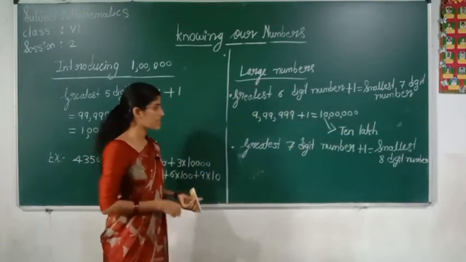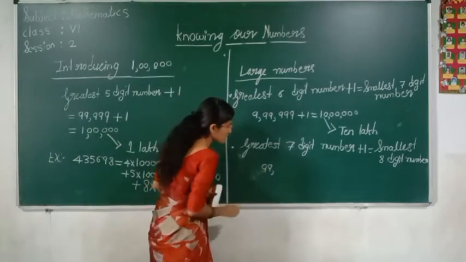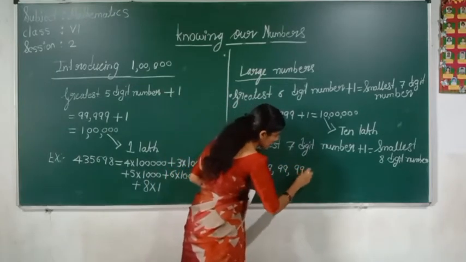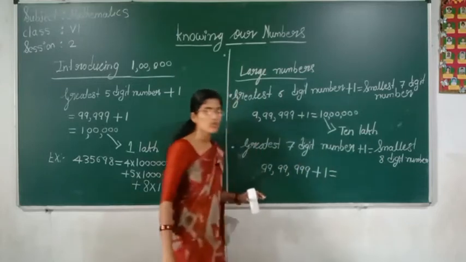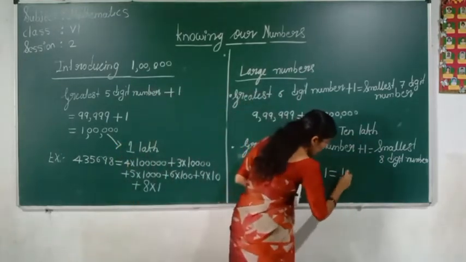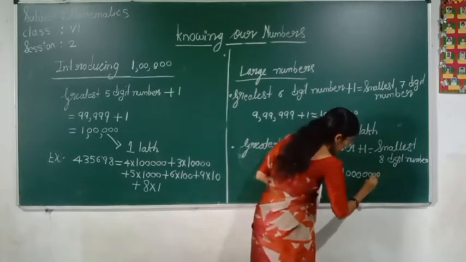Now what is the greatest 7-digit number? That is 99,99,999. Plus 1, I am going to get a smallest 8-digit number.